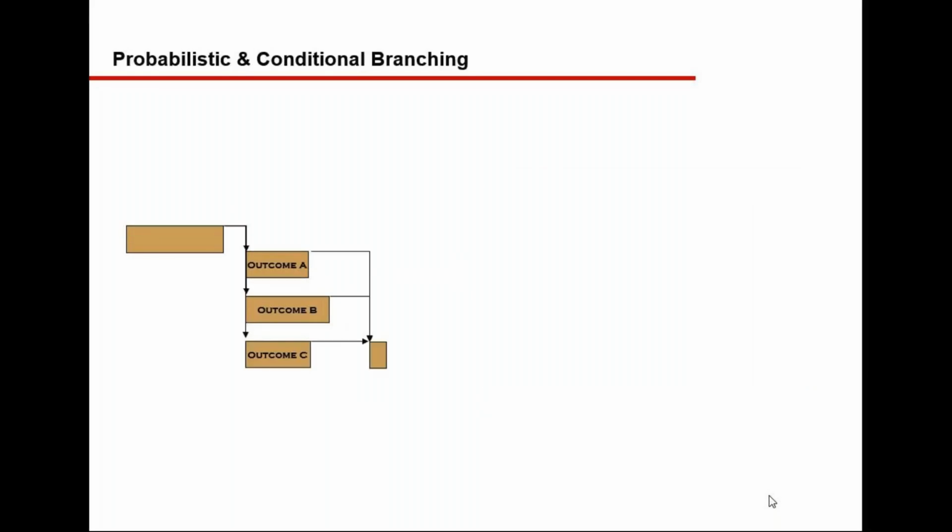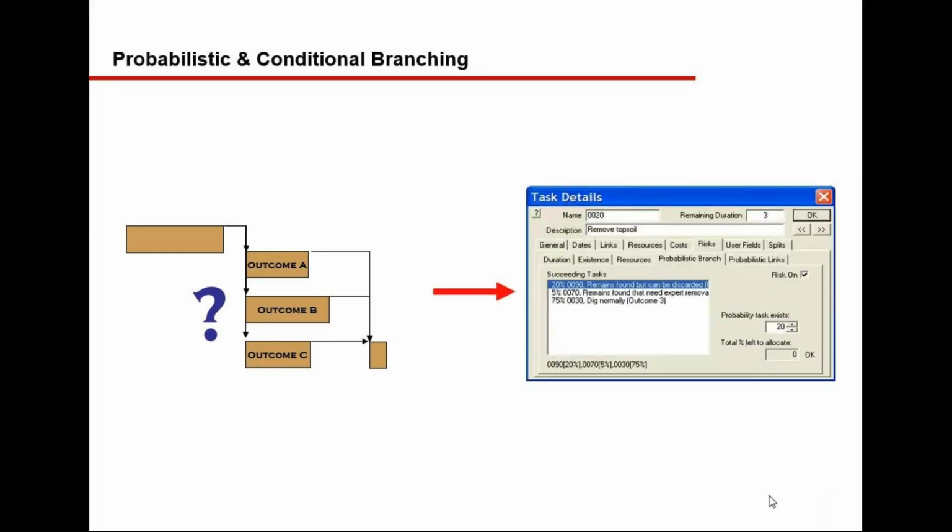Now based on my choice, with probabilistic and conditional branching, I have three options or three outcomes: outcome A, outcome B, outcome C, which then lead me to the next activity. This is called probabilistic and conditional branching. See here, what is the probability for each and every outcome?